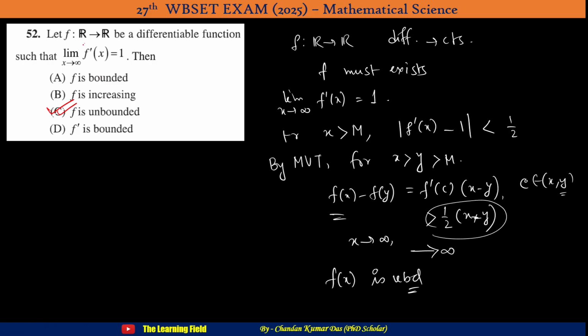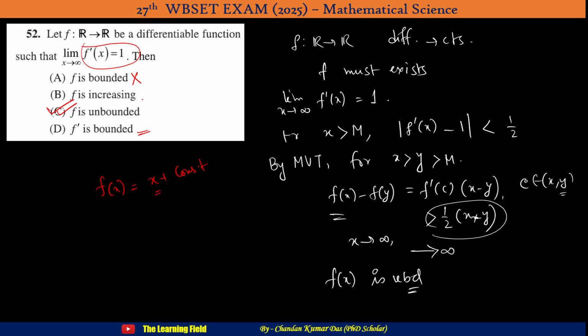Also, you can take an example: f x equal to x plus any constant. Based on that, it is not bounded, so you can discard that option. f dash is bounded, f dash equal to 1, so you cannot discard this option by this example.